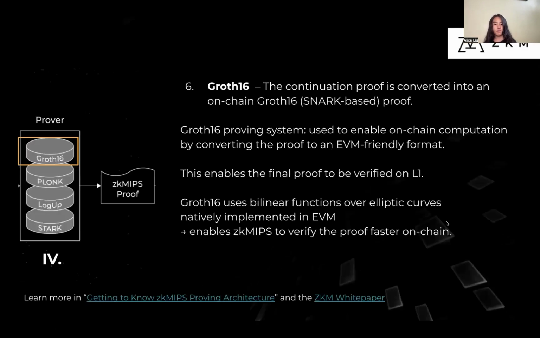And this last part within this proving stack is optional, but for the proof generation process, to enable on-chain computation after generating the proof, or while generating the proof, this final continuation proof is turned into an EVM-friendly format using Groth16 that basically allows the final proof to be verified on the L1.